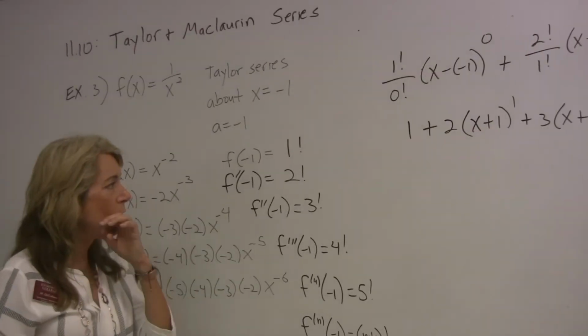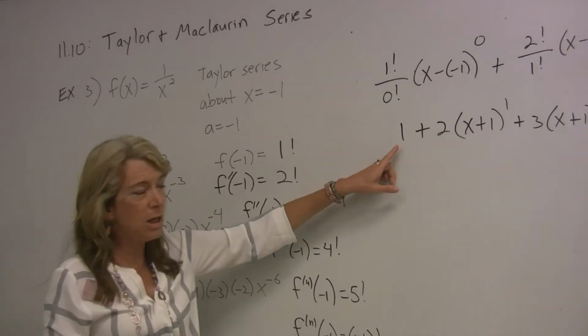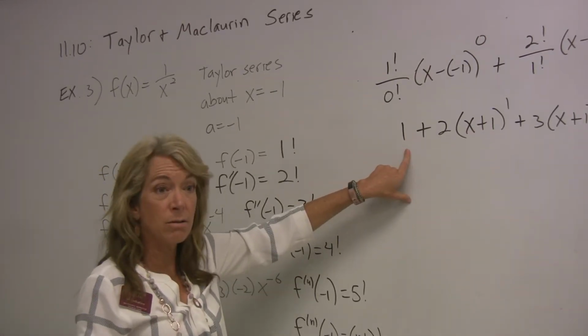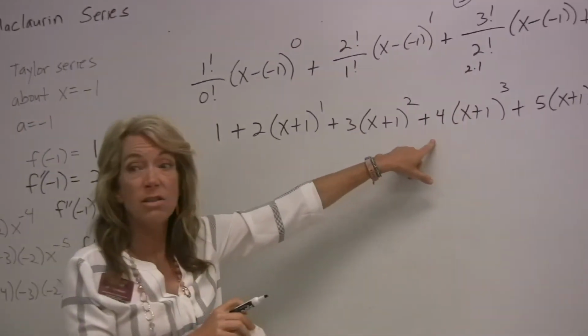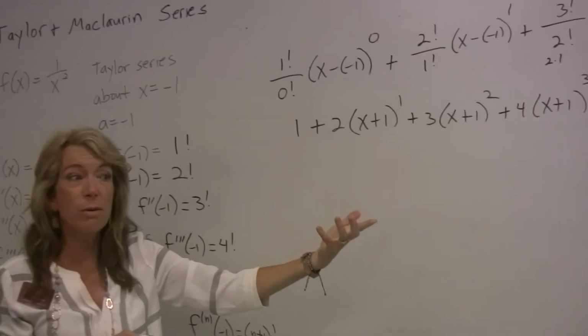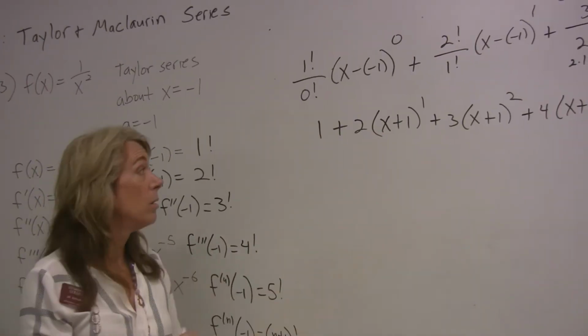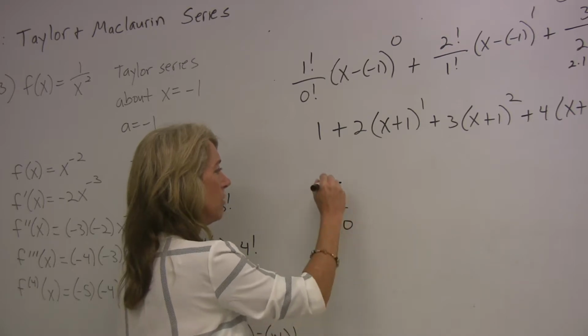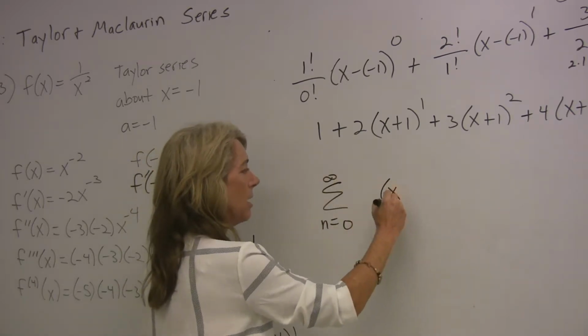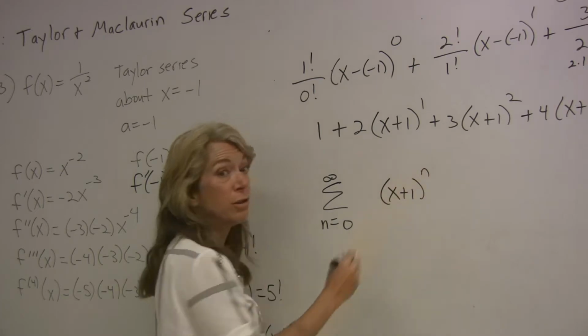So what do you notice about the coefficient in each case? This is when n equals 0, n equals 1, n equals 2, n equals 3. Chad's already said it over there. He said it's n plus 1. It's always one more. So this is a series. N equals 0 to infinity. I have x plus 1 to the n for sure.